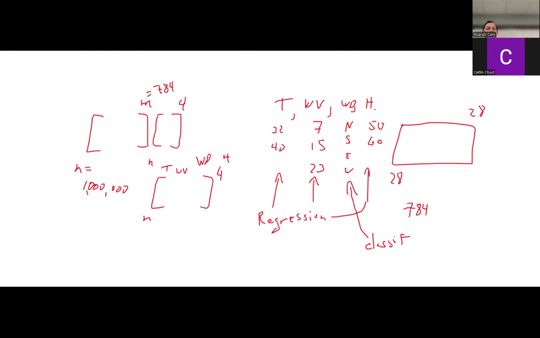I would probably do the three regression ones in one model and the classification one in another model, or even better, 4 separate models. But you could, in theory, predict the 3 regression values together in a single model. That's called a multi-output regression problem. We may do that during this semester.